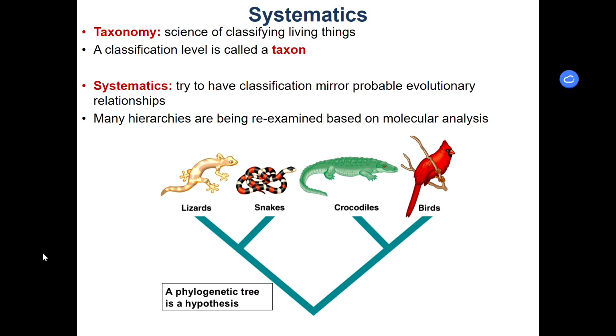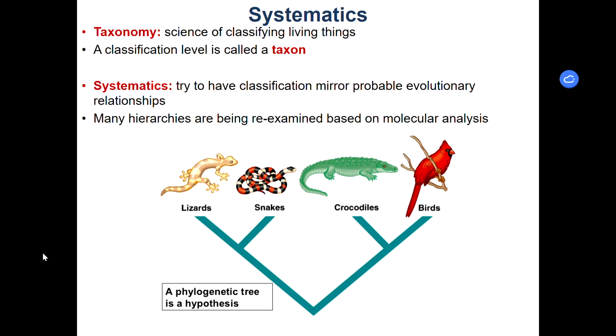What used to happen is we would just look at organisms and say, this is closely related to other things because they look alike. But now we have molecular analyses that we can use. We can actually analyze DNA and RNA in these organisms and get a better sense of how organisms are closely related to each other, which is how we were able to figure out that birds are more closely related to crocodiles than they are to other reptiles.